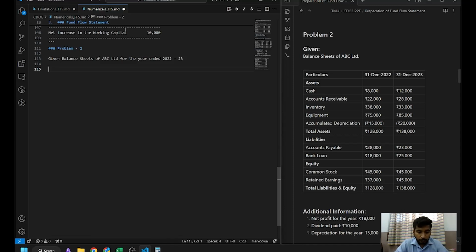Now, particulars. Before that, let us just mention it. Balance sheet of ABC Limited for year ended 2022 and 23.